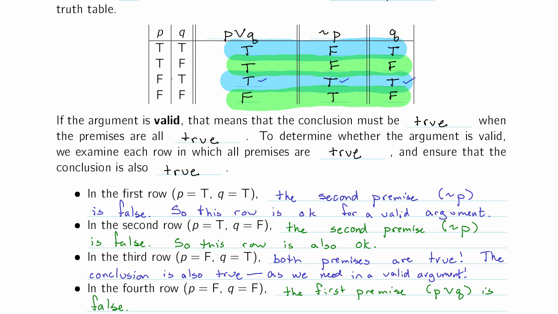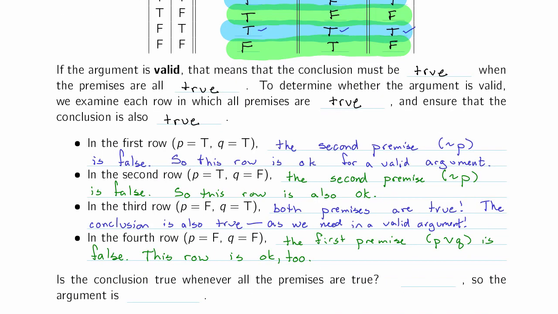So again, this row is okay to have in a valid argument. We checked all of the rows, and none of them cause any problems for the validity of this argument. Whenever the premises are true, the conclusion is also true. And therefore, since the conclusion is true whenever the premises are true, the argument is valid.